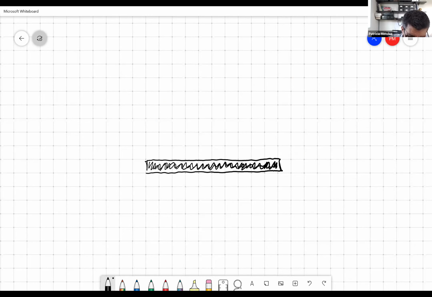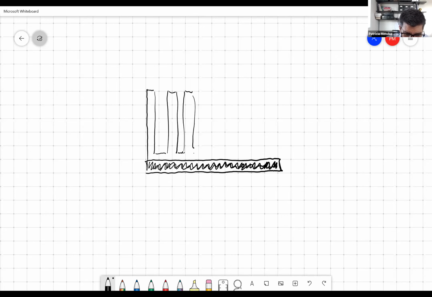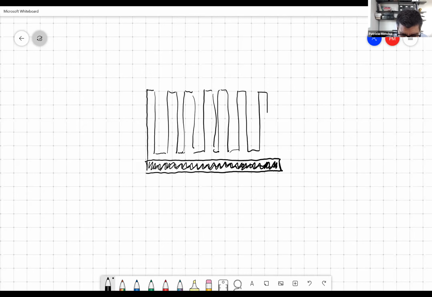And on top of the microprocessor, we have this heat sink full of pins. This is our heat sink.